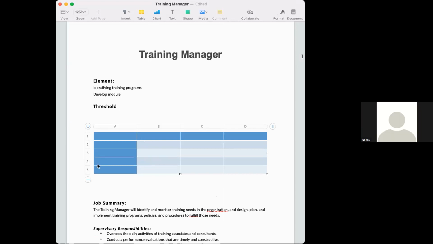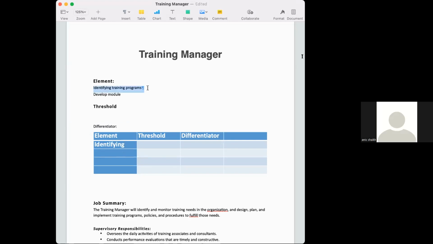Will this work? Yes. Only we have to put the table there, nothing else. Element, threshold, differentiator. That's it.